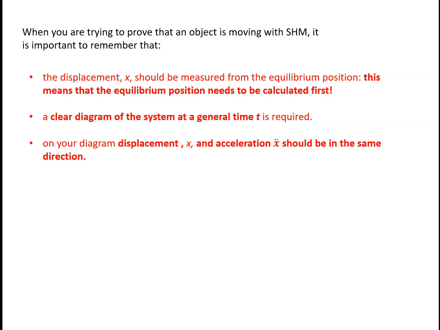Remember on your diagram that once you've put on the positive direction for the displacement, then the acceleration x double dot should be in the same direction. So the displacement and the acceleration have the same positive direction.